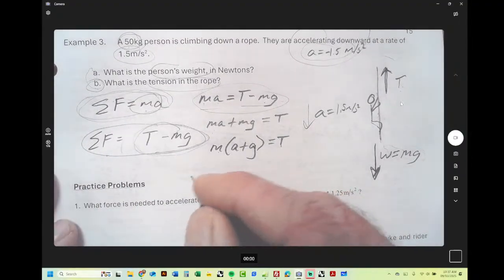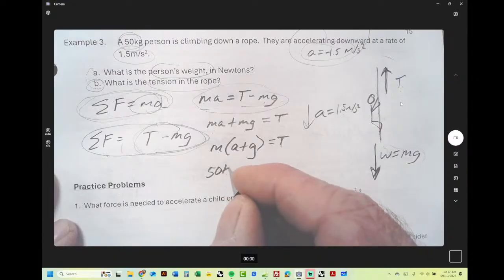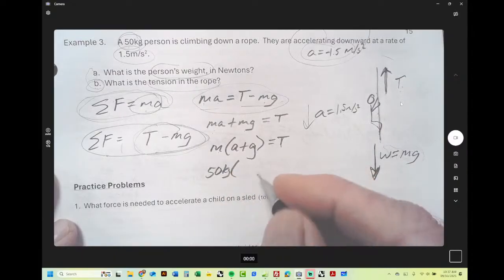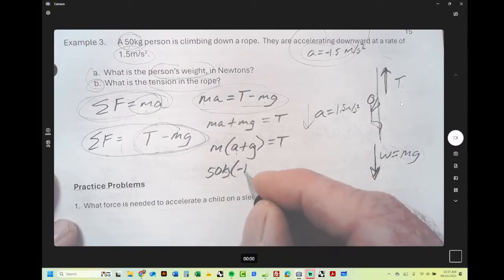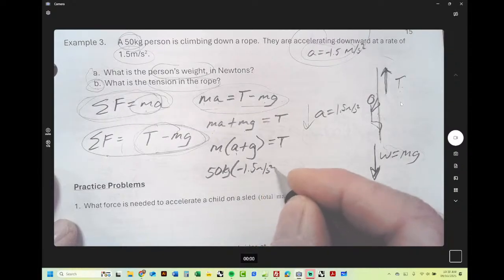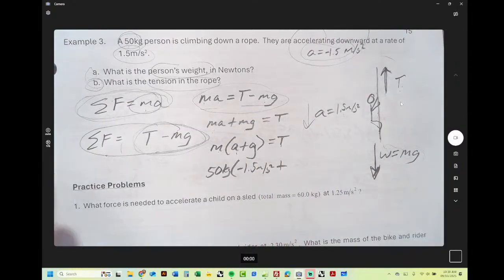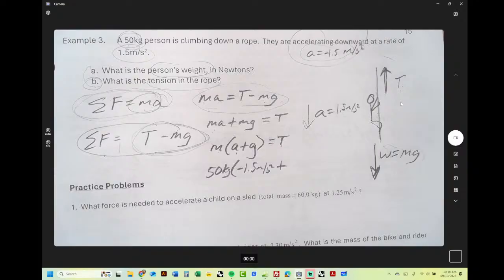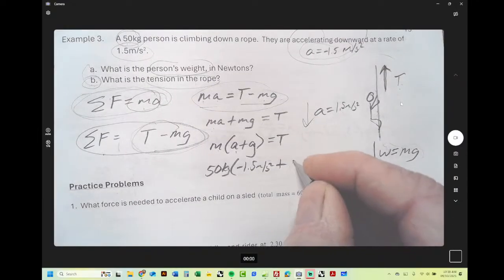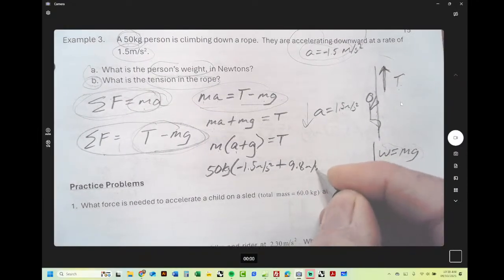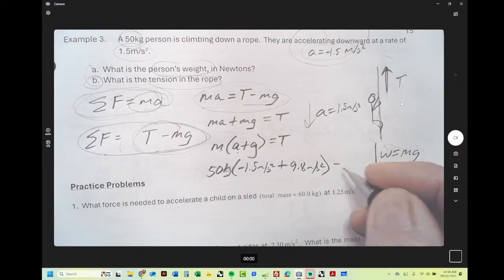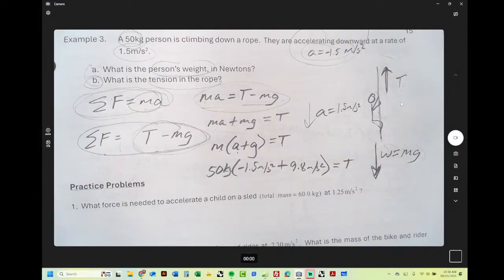Now I'm going to plug stuff in. The person's mass is 50 kilograms, and the acceleration is negative 1.5 meters per second squared. What's g? 9.8, positive 9.8. g is always a positive number. 9.8 meters per second squared, and that equals T.